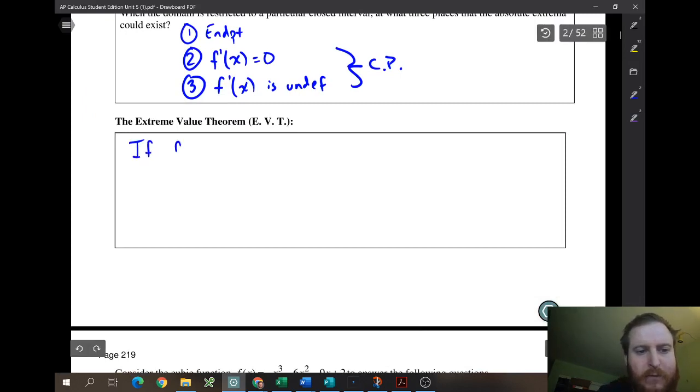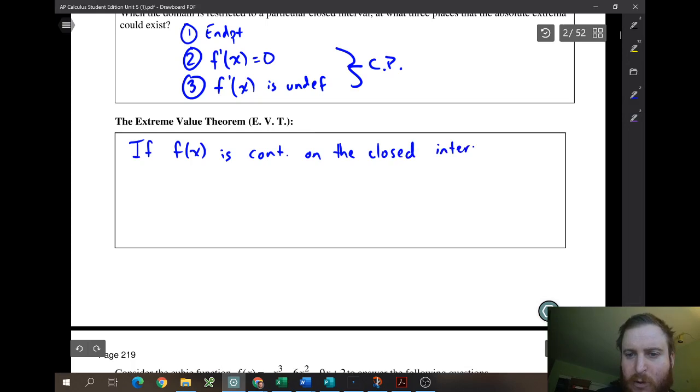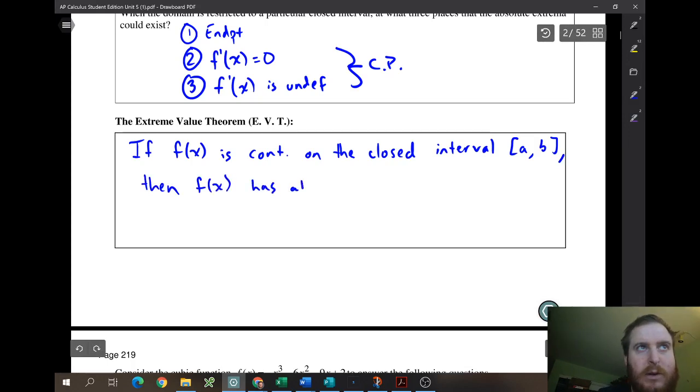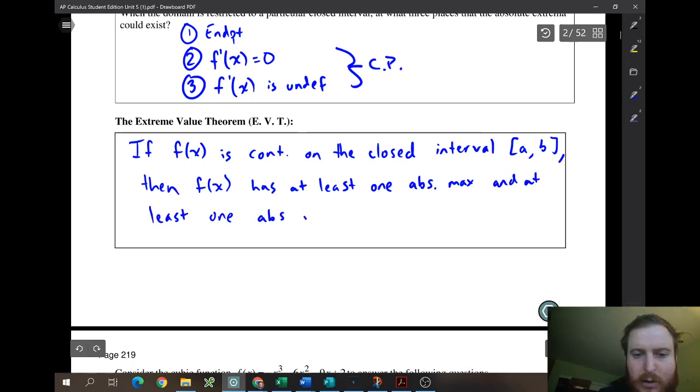If f of x is continuous on the closed interval a to b, so it doesn't have to be continuous everywhere, but between the endpoints it needs to be continuous, then f of x has at least one absolute max and at least one absolute min on the closed interval a to b.